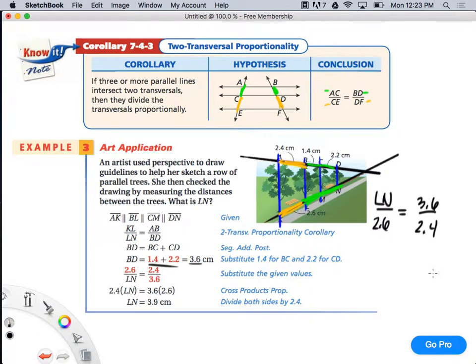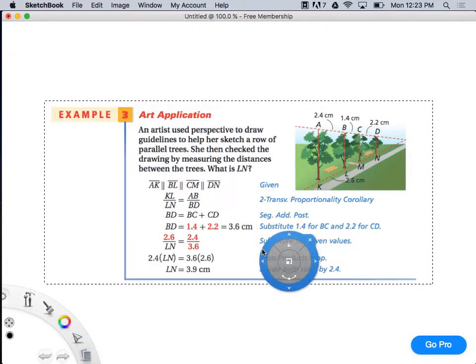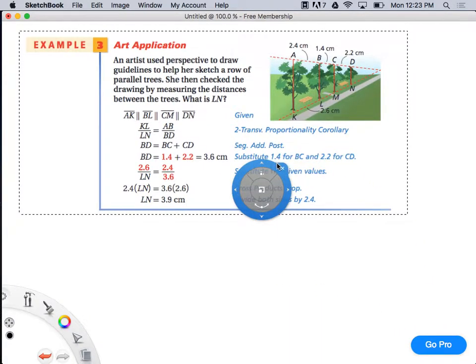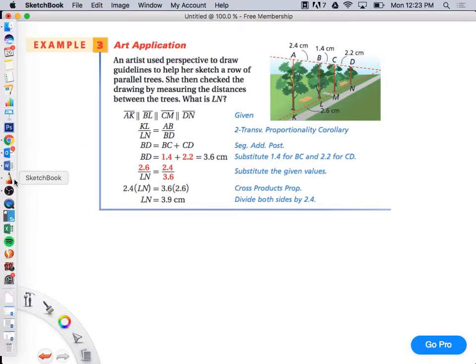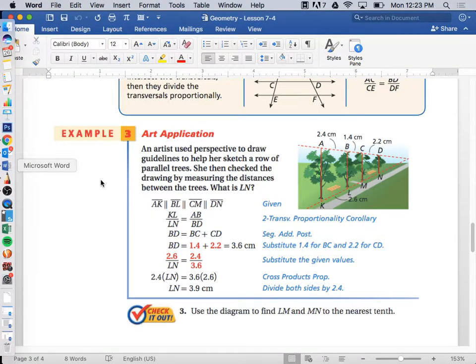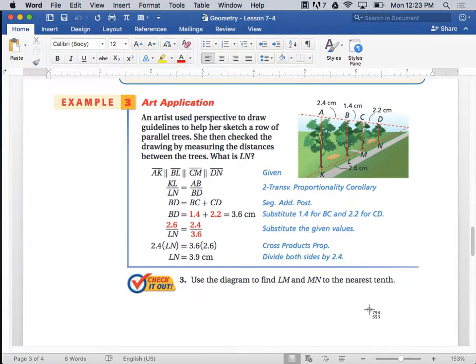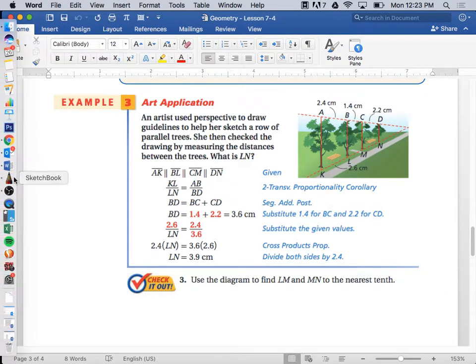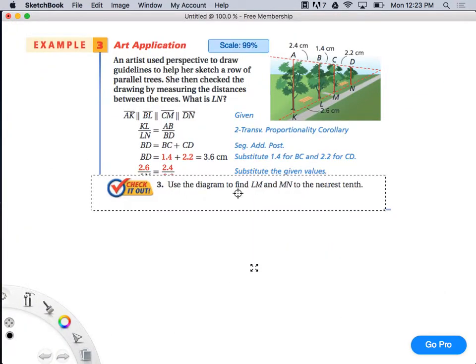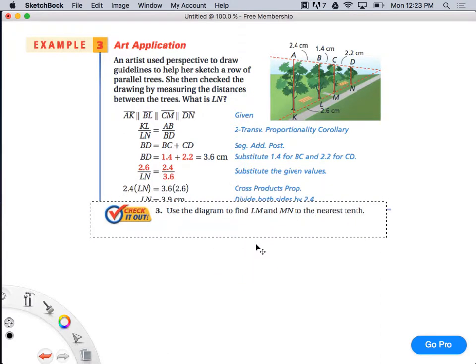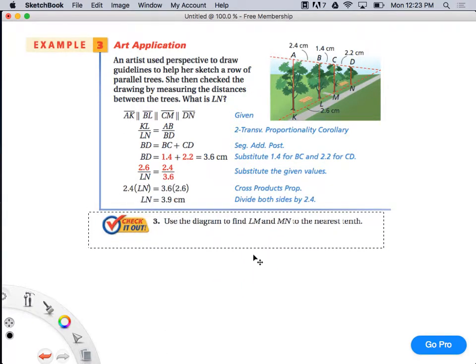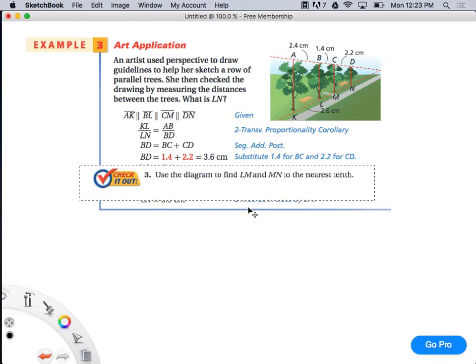Okay. Now you're going to use the same one, except you're now going to solve for LM and MN. Okay.